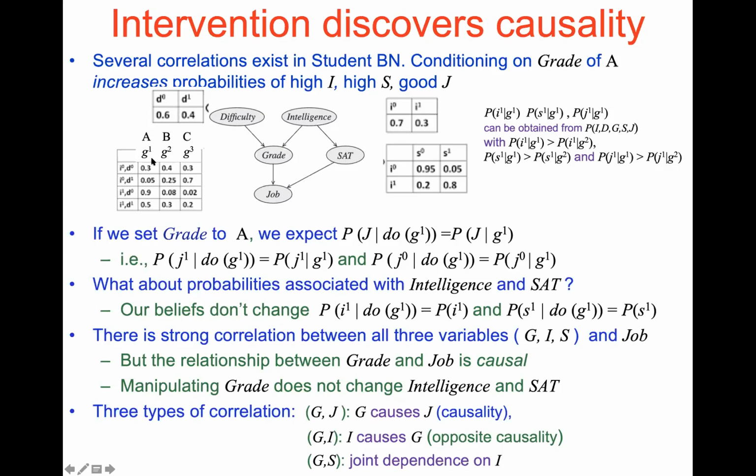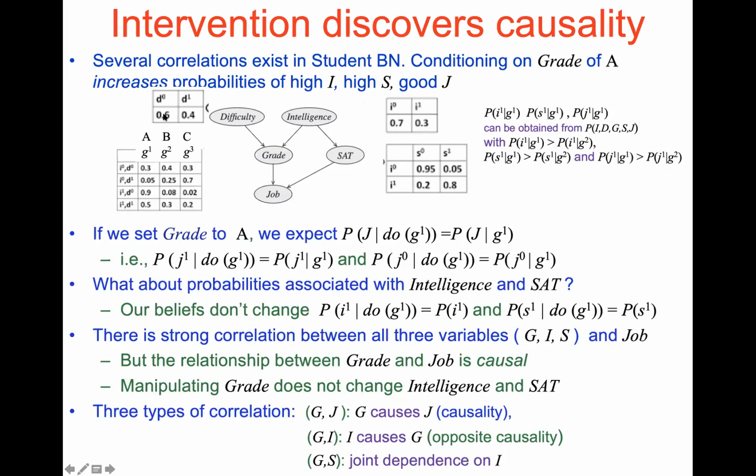Then the grade has three values, G1, G2, G3, corresponding to grades A, B, C. Then for I1, D0, I1 means high intelligence, and D0 means it is not so difficult.